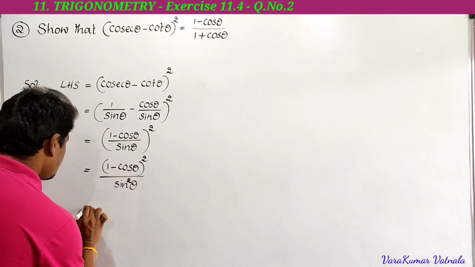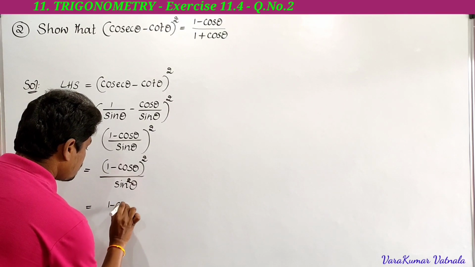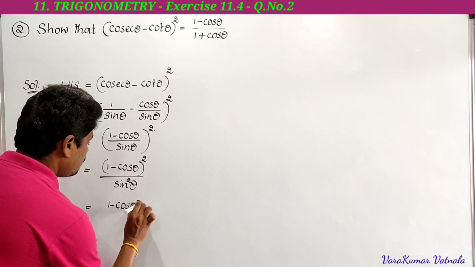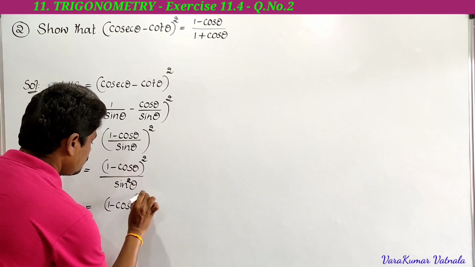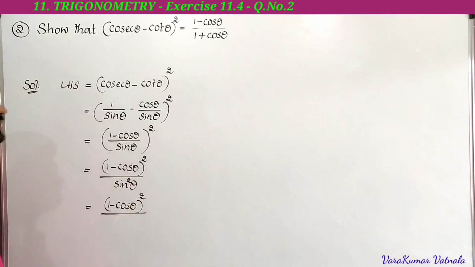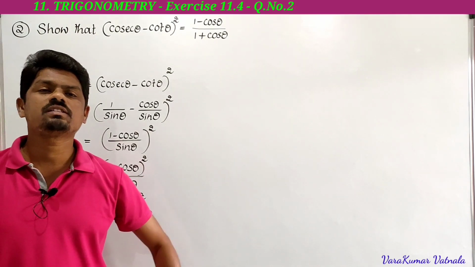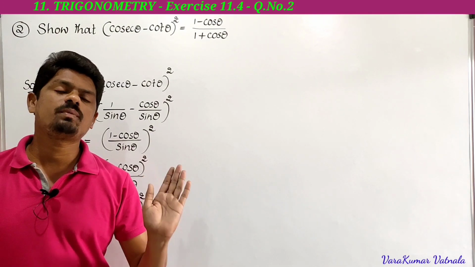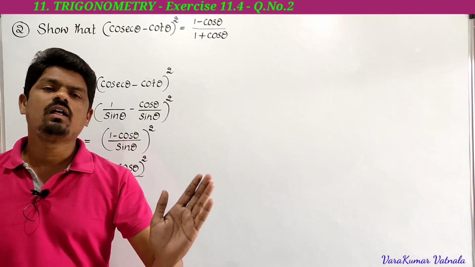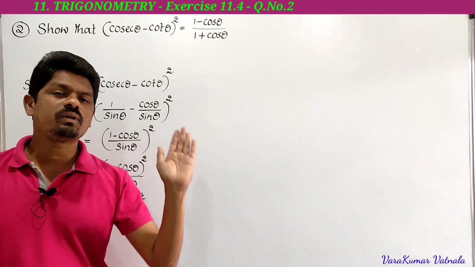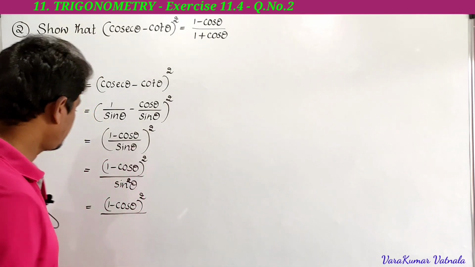So write the numerator as usual, (1 minus cos theta) whole square, divided by sin square theta. Here we have sin square theta plus cos square theta equal to 1. So sin square theta can be written as 1 minus cos square theta.